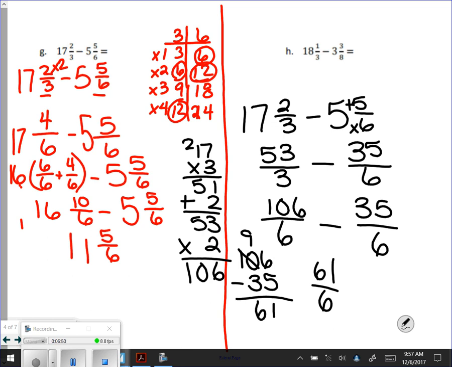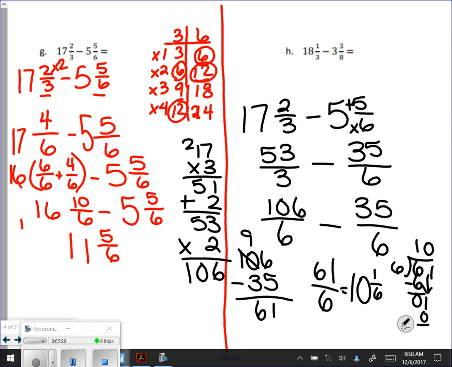Then it's still improper. You have to make it mixed. But some people get this better. And some people aren't writing anything at all, which is very disappointing. So then I have to make this improper. It is improper. Make this mixed. How did I get that? What did I do?